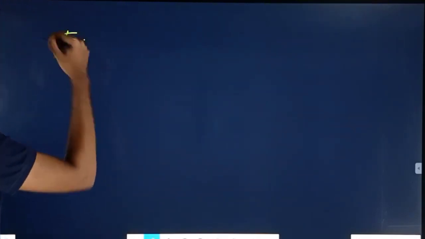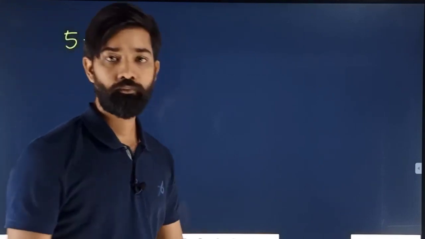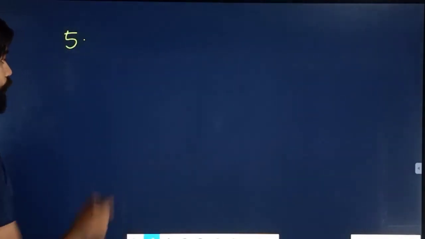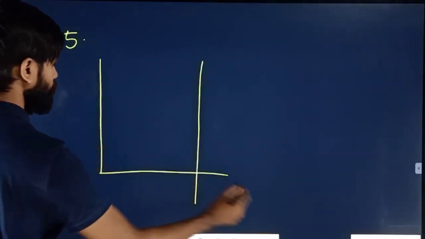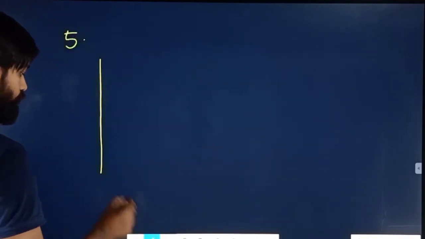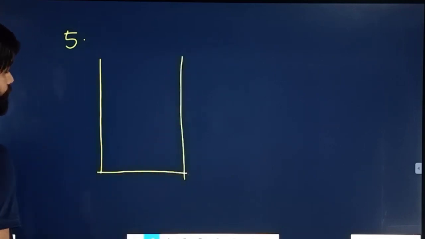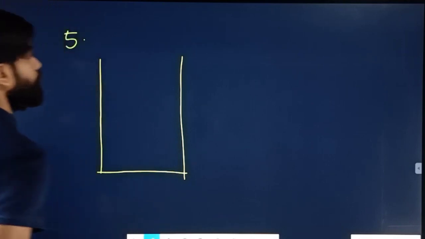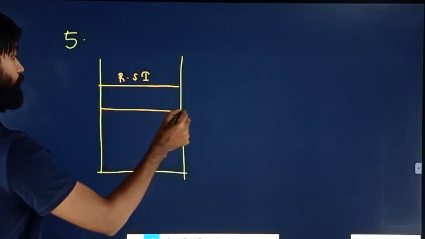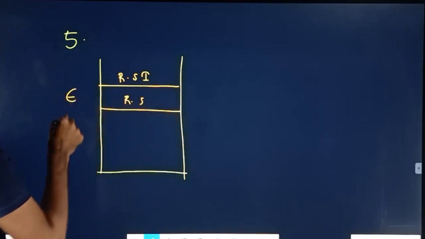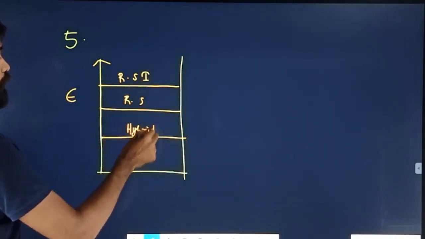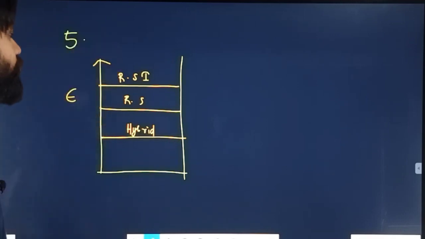Okay. So let me write the next point. The energy difference between the most stable canonical structure and the resonance hybrid is called resonance energy. Let this be resonance structure 1, and this resonance structure 2. If I am plotting energy here, this is the hybrid. If energy increases, stability decreases.